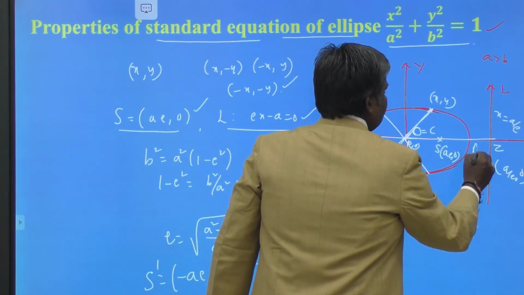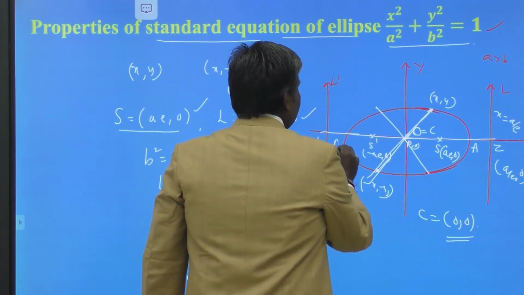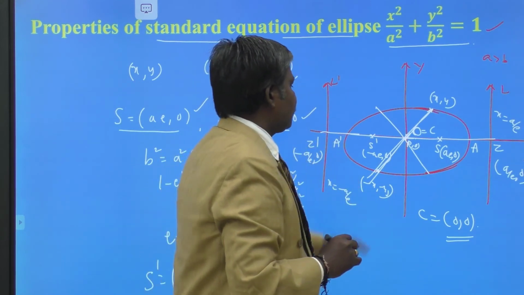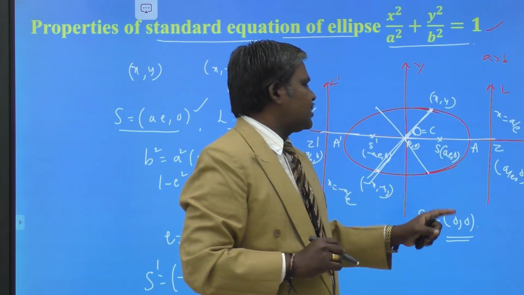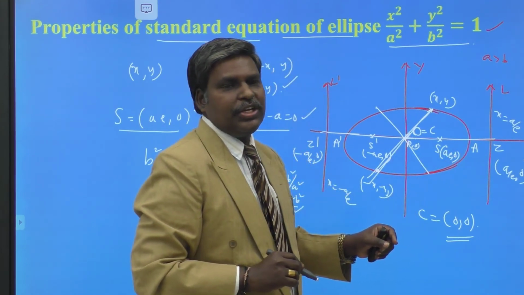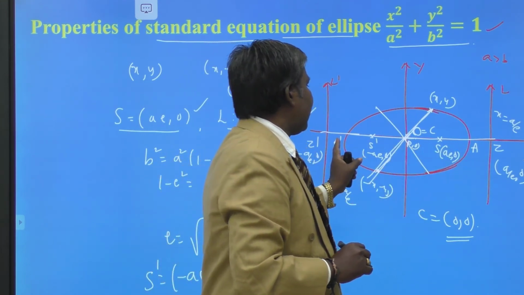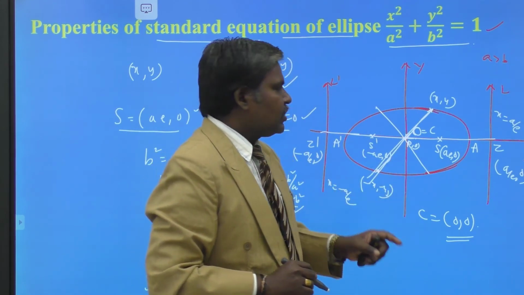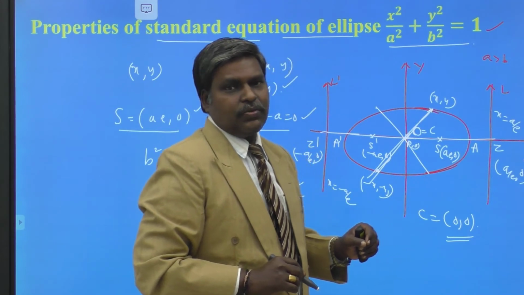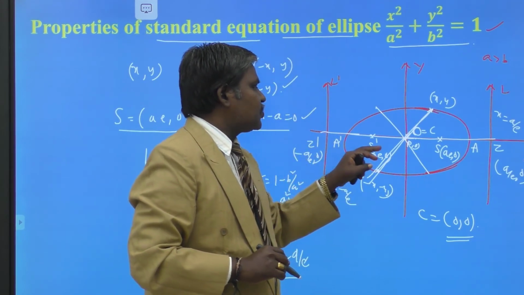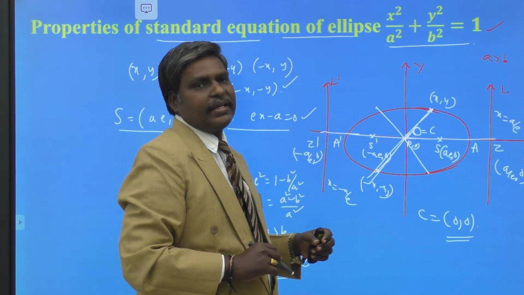It intersects your ellipse at the 2 points A and A dash, because A and A dash are 2 points on the line joining S and Z such that each divides it in the ratio e:1. So, both points A and A dash lie on your ellipse. Therefore, these 2 points are called what? Vertices. What is a vertex? Where your axis meets the conic is called a vertex.